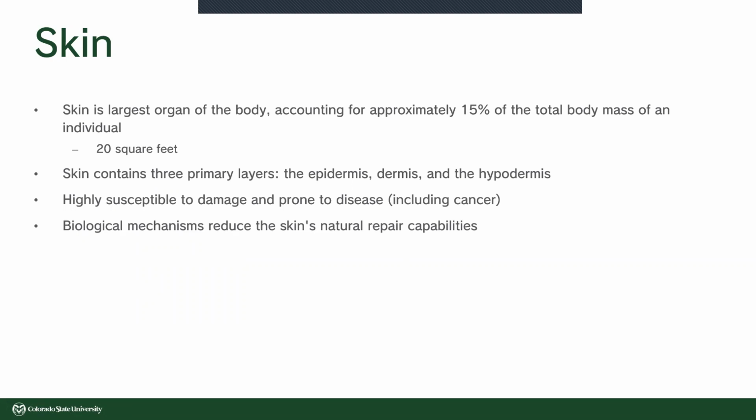And then the biological mechanisms reduce the skin's natural repair capabilities as we age. So the older we get, the less our skin is able to self-repair and or repair back the way it was as compared to when we were younger. So this is mostly a recap of what we already have learned and covered.